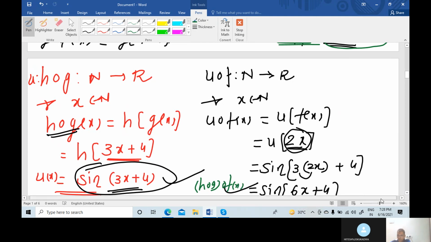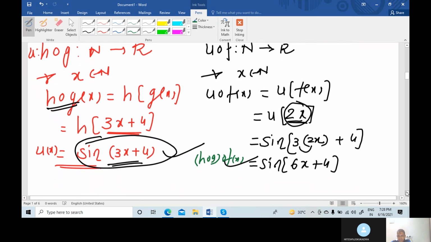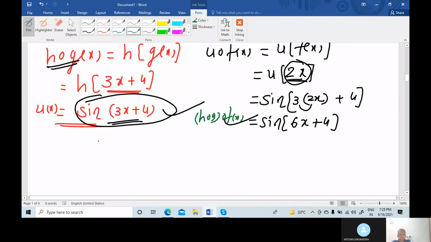Is that clear? So both answers are equal. So the last statement you can write here is h∘(g∘f) = (h∘g)∘f. Is that clear, student?